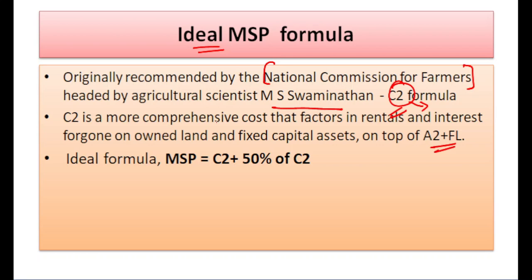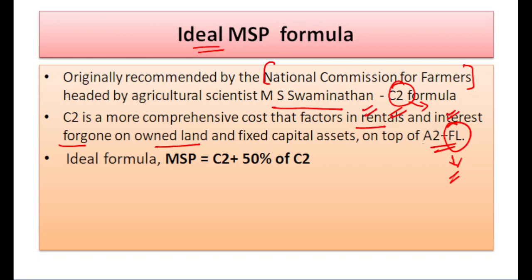So in the comprehensive cost formula, they also factor in the rentals and the interest income on the own land. There, not just the imputed cost on the family labor, which is not actually paid but is considered, is taken into account. Here the cost of imputed rent of the own land and the interest on capital.